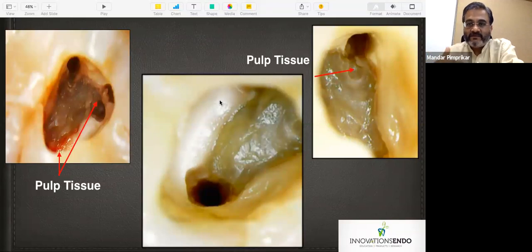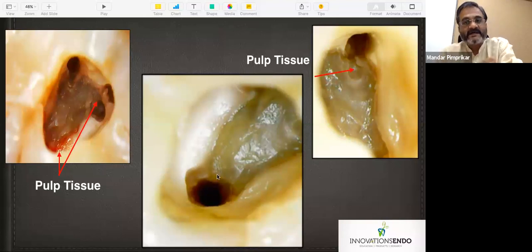Likewise, if you do 2 or 3 cycles, so that is 3 minutes, you will get a shiny pulpal floor, because hypochlorite or Twin Clean will dissolve these tissue tags. And then you will have a shiny, bright, illuminated floor of the pulp chamber on which every dark spot could be your orifice.